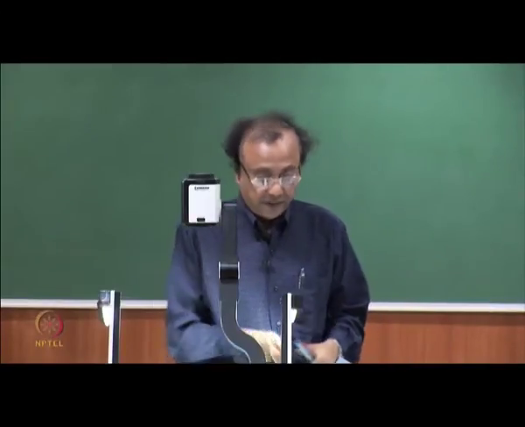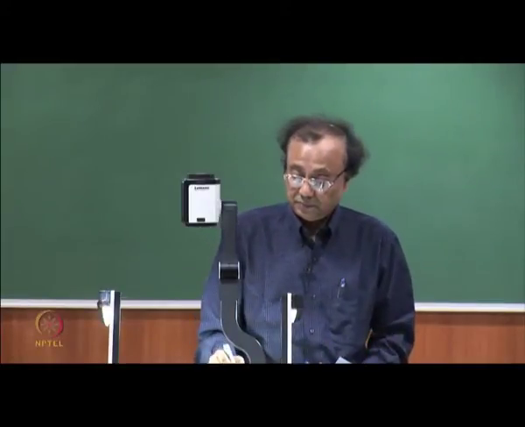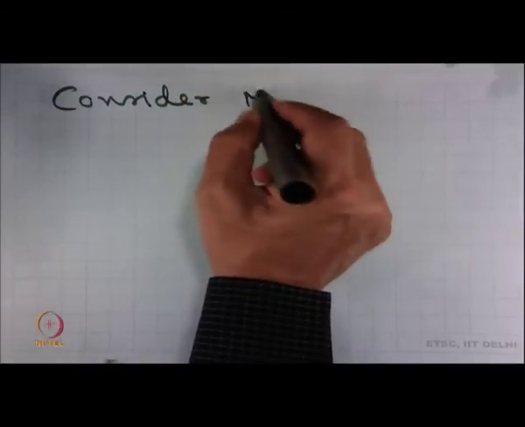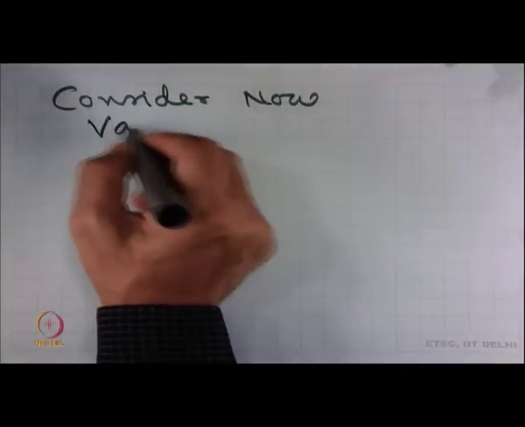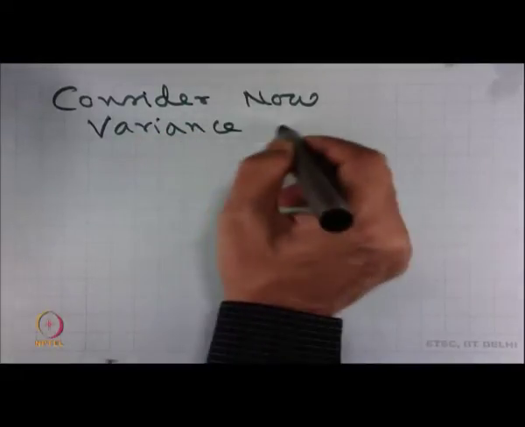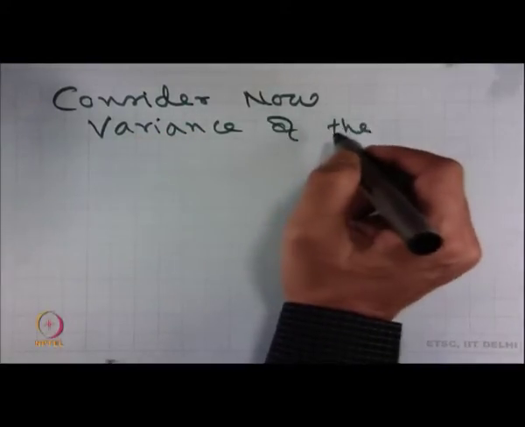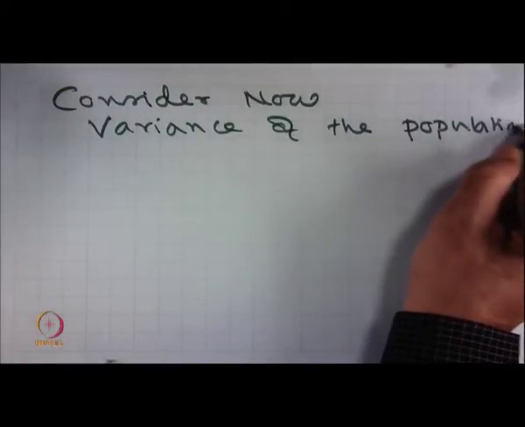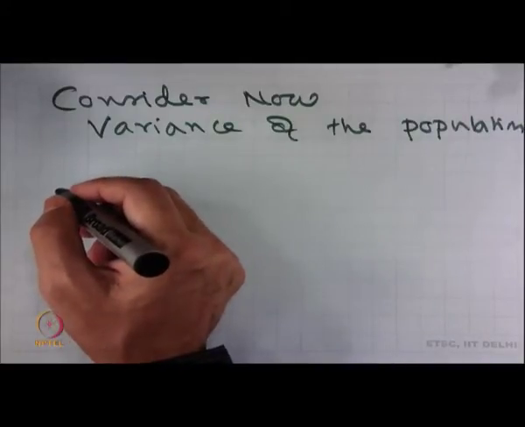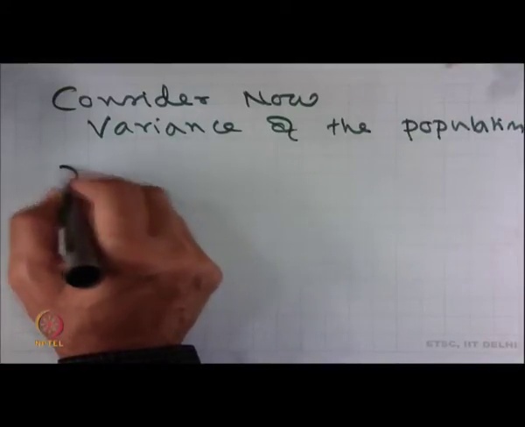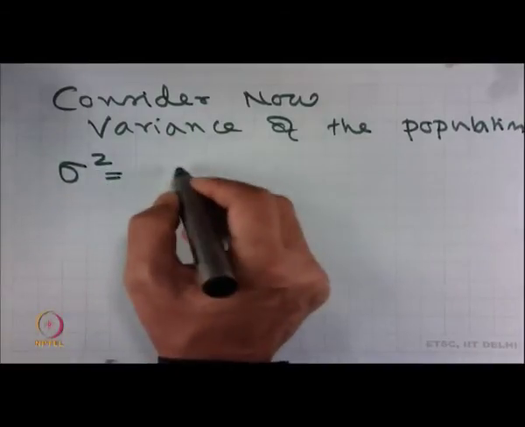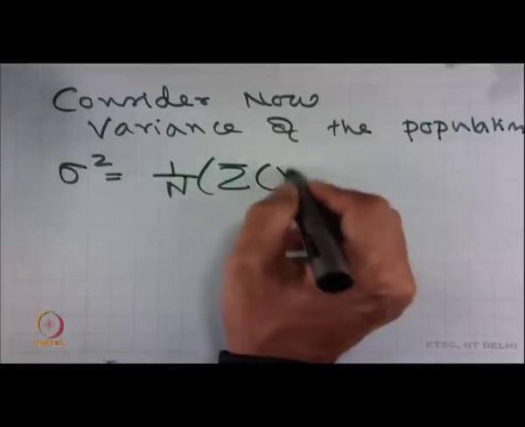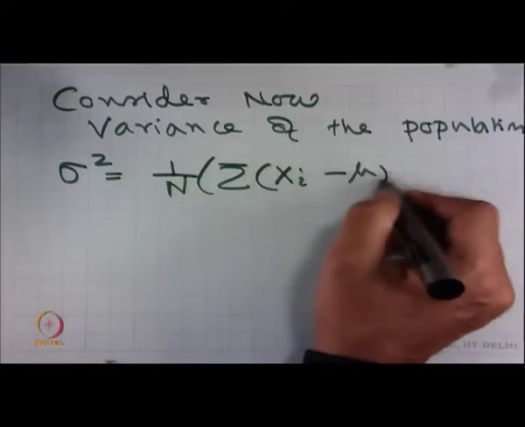Let us now consider the variance of the population. The variance of the population, sigma square, is equal to 1 by n sigma xi minus mu whole square.